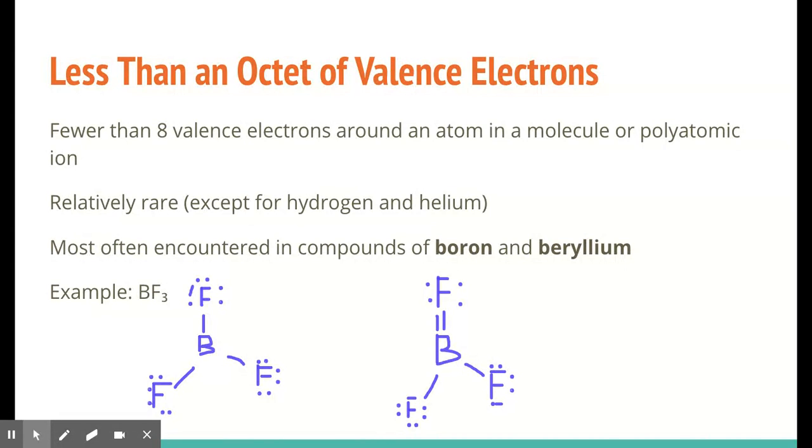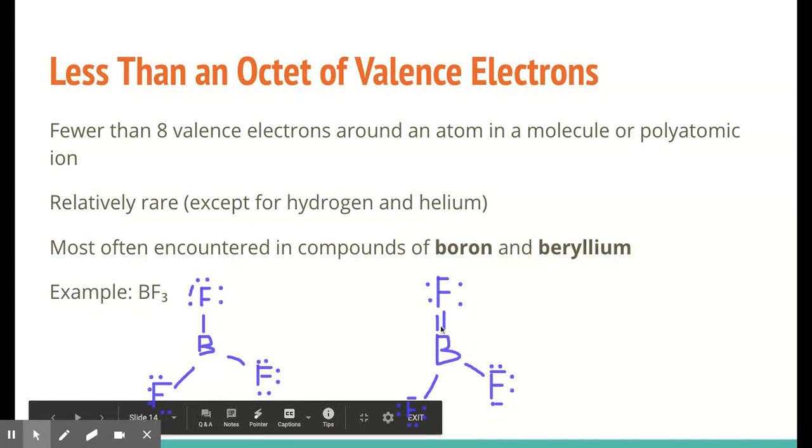You can analyze the formal charges, and it will tell you that the 3 resonance structures with the 1 double bond are unfavorable and this one is the dominant structure, even though that boron doesn't satisfy the octet.